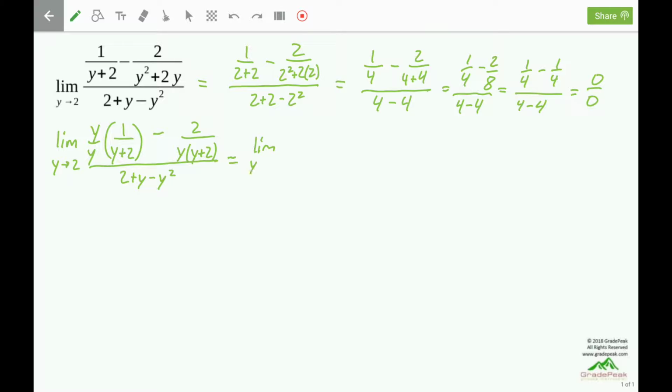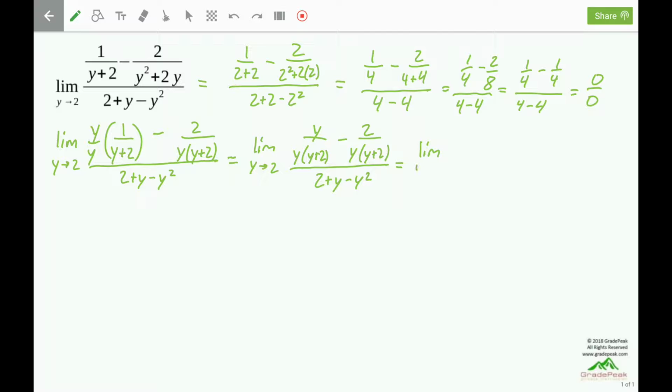So this becomes limit as y goes to 2 of, we multiply the numerators, y times 1, that's a y, over y times y plus 2, minus 2 over y times y plus 2. And that entire thing over 2 plus y minus y squared.